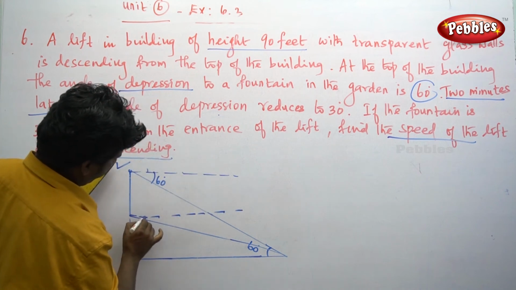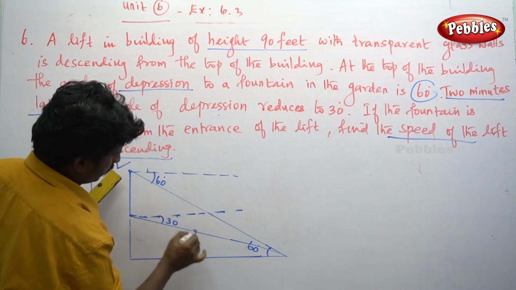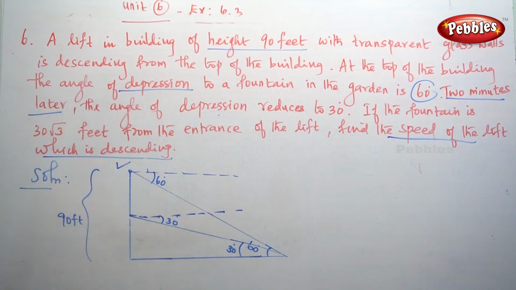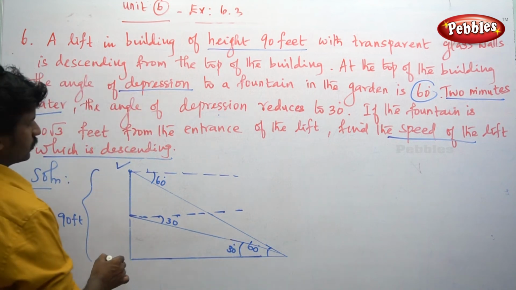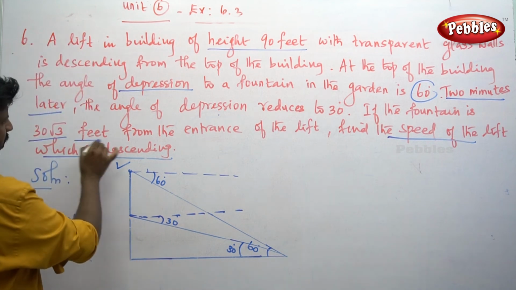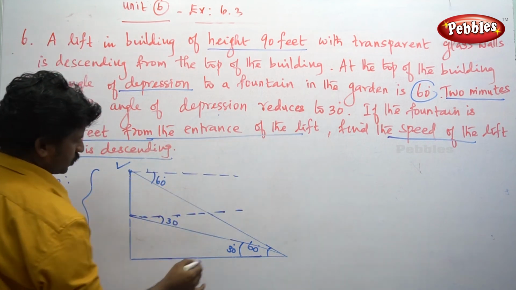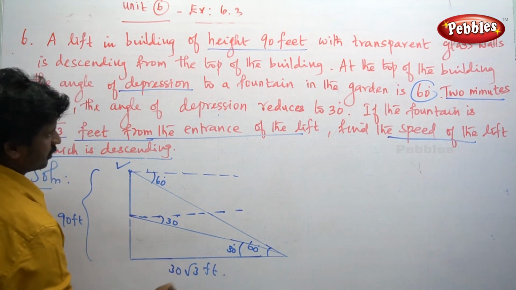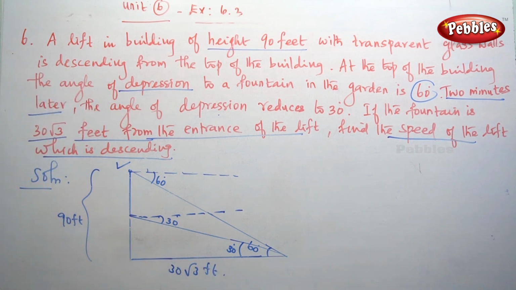So it will make a 30 degree. So this alternate angle 30 degree, right? So see what is the question. If the fountain is 30 into root 3 feet from the entrance of the lift, so this is 30 into root 3 feet. Right, now find the speed of the lift which is descending, right?